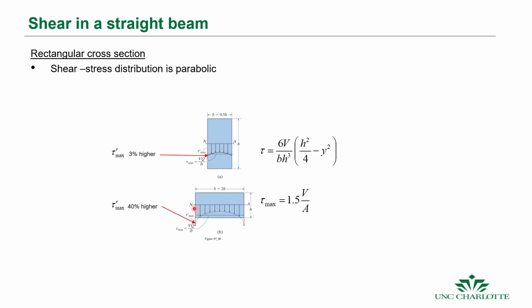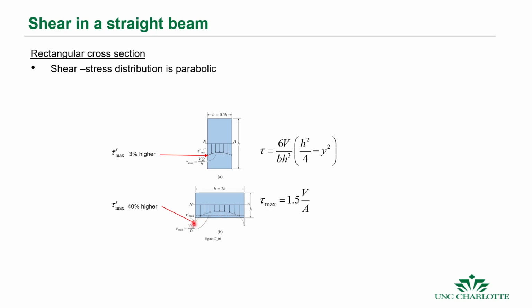For thicker beams, this shear stress distribution looks more like this, okay, where this is your flexural formula here. It's confusing the way these arrows are, but this is your flexural formula, and it is the average stress on this cross section.